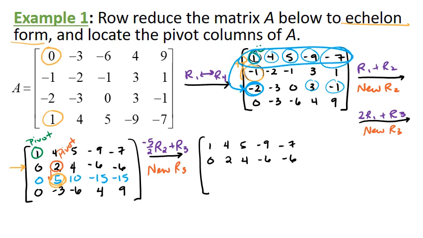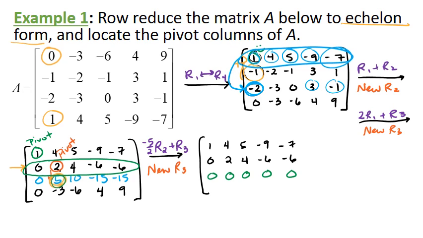So I'm going to take negative 5 halves times everything here. So 0 plus 0 is 0. I get a negative 5 plus 5 is 0. Negative 20 divided by 2 is negative 10, plus 10 is 0. Just keep trucking along and you will find that you get all zeros.